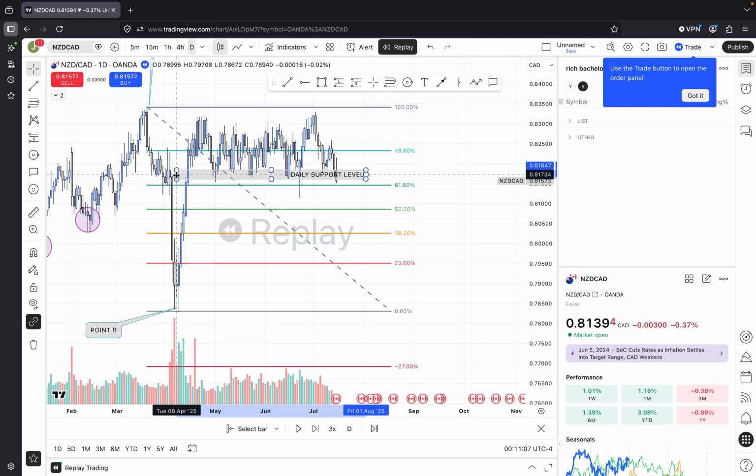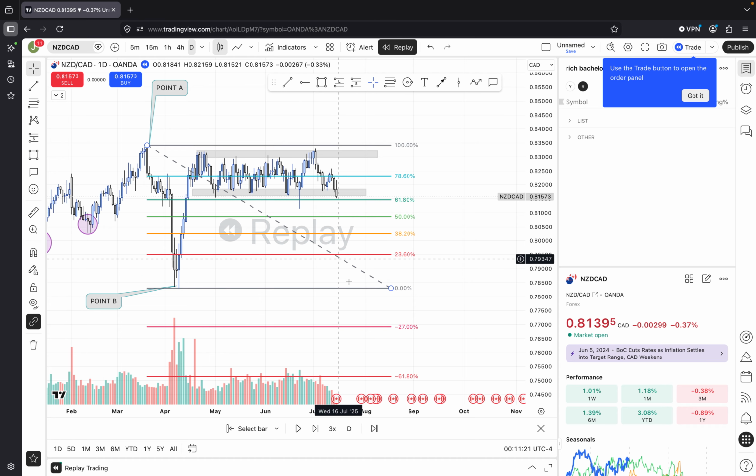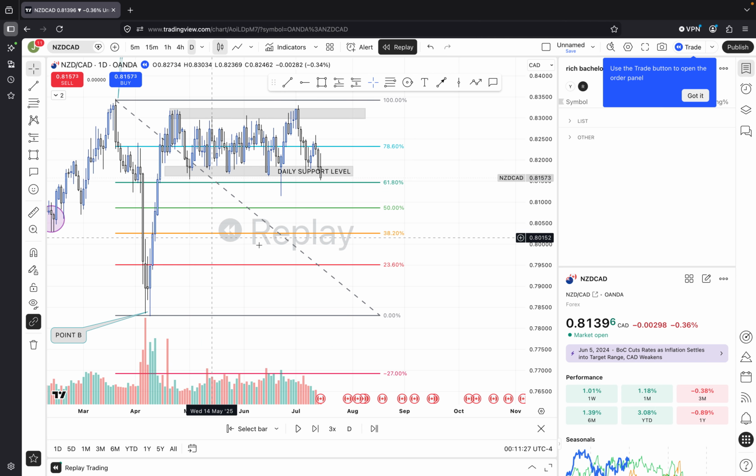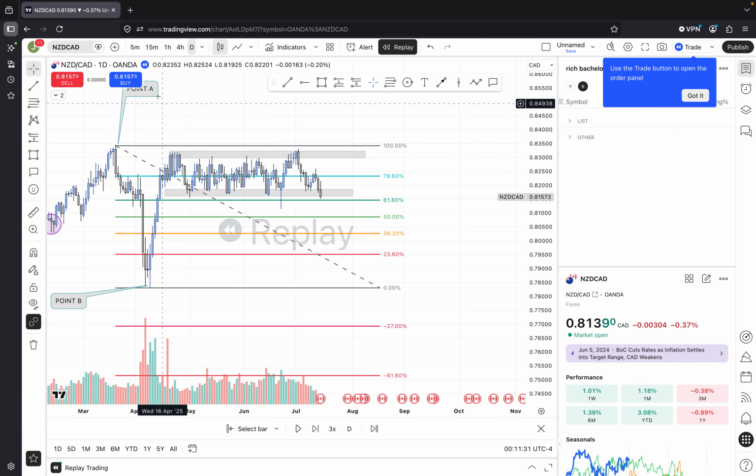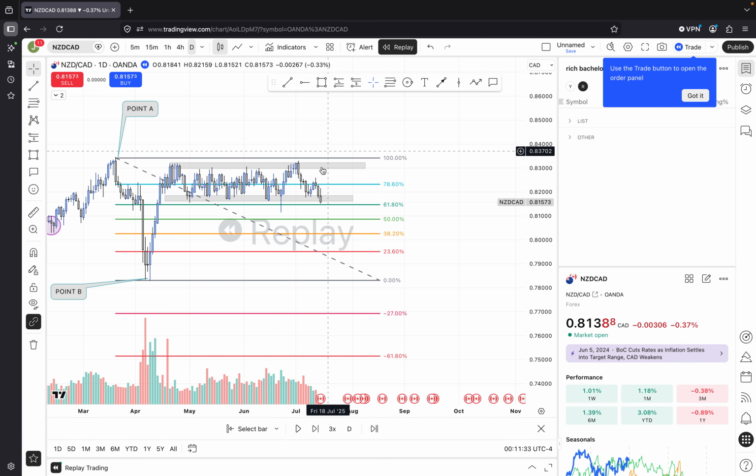Okay, cool. So since it's our support, this is our resistance up here. Now we know price either has to do one thing, which is shoot upward or go down. If it goes down, it's broken support. If it goes up, it's broken resistance. Now, think about it back to our point A to point B. If price goes up, that means we're in a whole new trend.